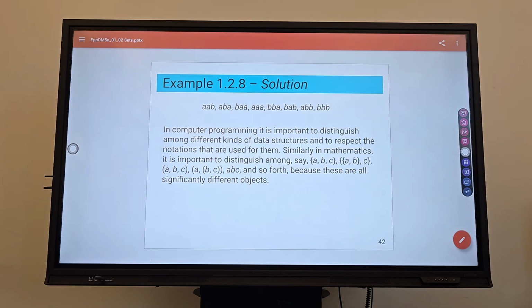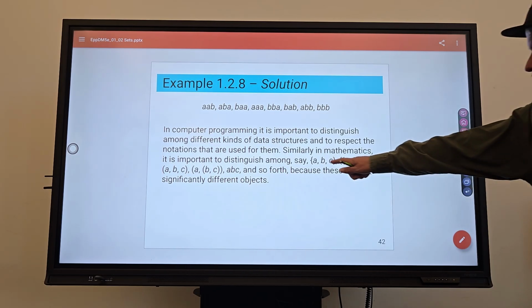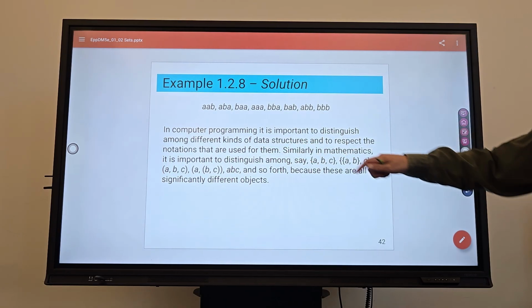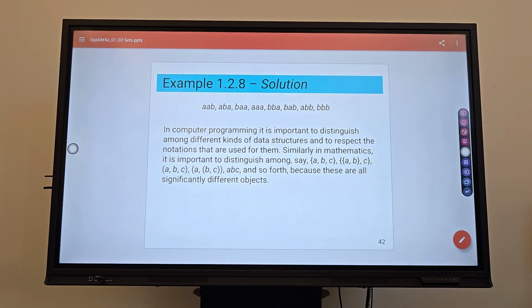In computer programming, it is important to distinguish among different kinds of data structures and to respect the notations that are used for them. Similarly, in mathematics, it is important to distinguish among, say, this here and that, because they are all significantly different objects.